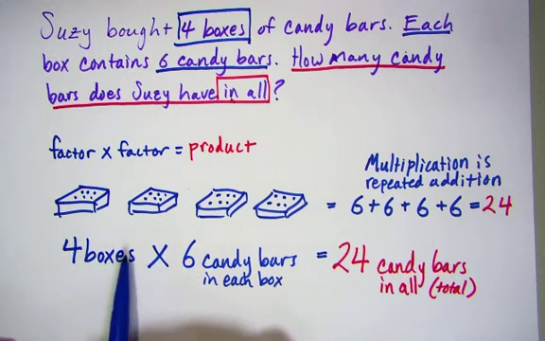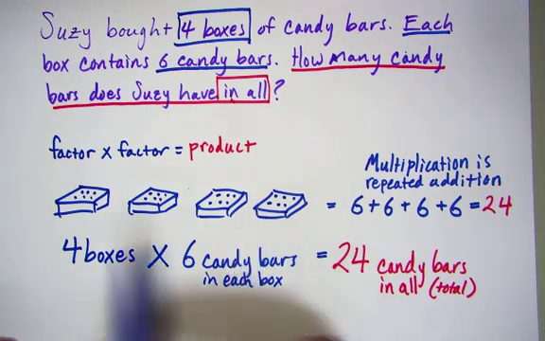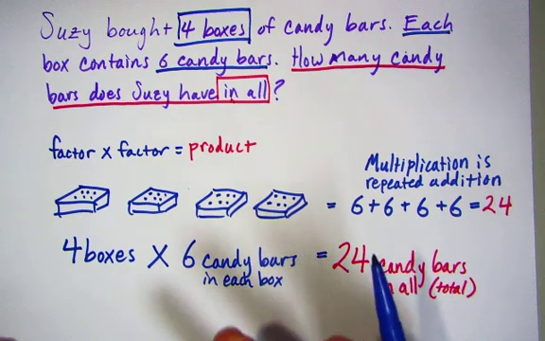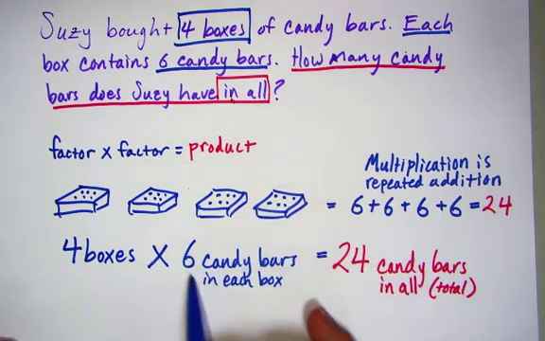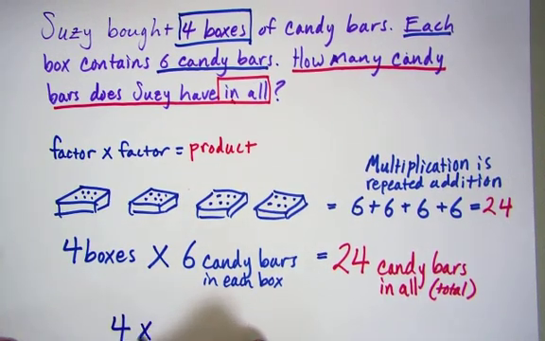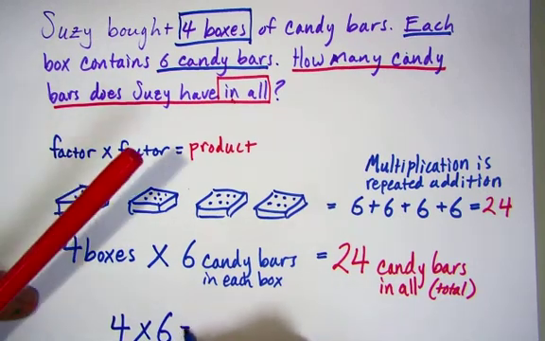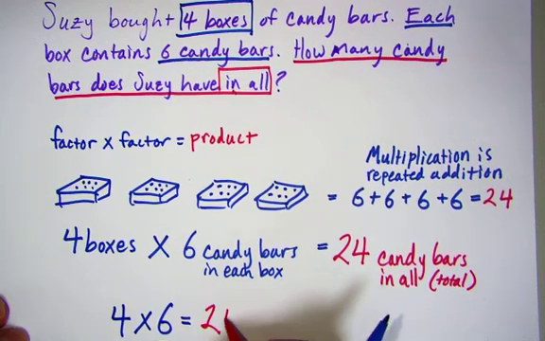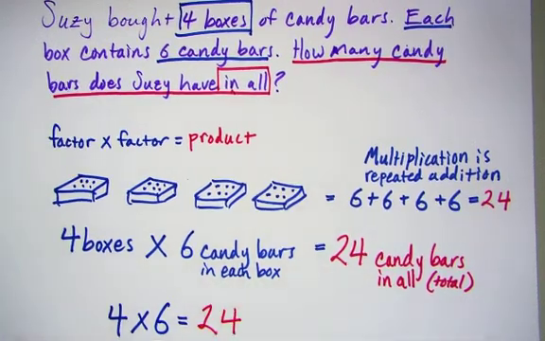In the beginning, we want to represent the equal groups, the boxes, the bags, the months, the albums, and then how many in each equal group, and that's going to give us our product or total amount. So in the future, your multiplication sentences will simply look like this. Okay, let me pull it up so you can see. And that's it. 4 times 6 is 24.